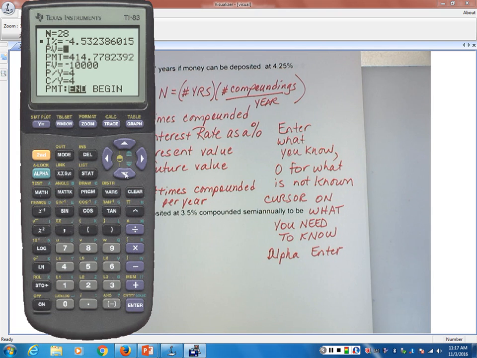Now, in this case, what if I wanted to know, well, I don't want to make payments. What if I want to know what could I put in the bank today and have $10,000 in the future? Well, I would leave that zero there, put the zero on payment, go back to present value, alpha, enter. And it says if you had that interest rate compounded quarterly for 7 years, you could put in, that doesn't make any sense. Oh, that's because my interest rate's negative.